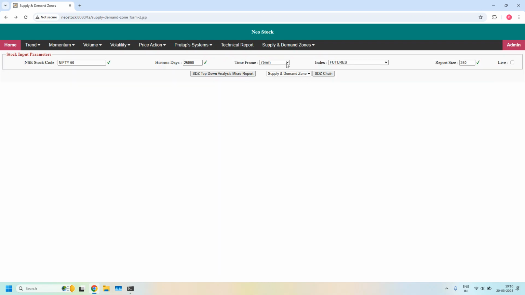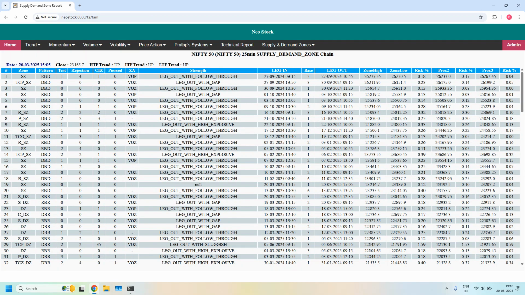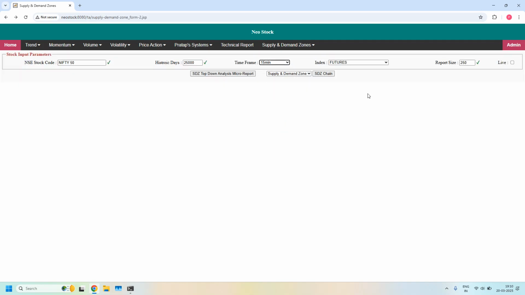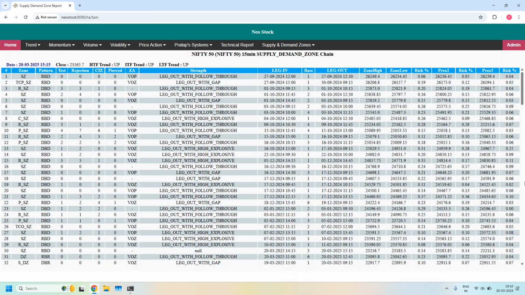Next, 25-minute supply demand zone chain for NIFTY. Next, 15 minutes supply demand zone chain for NIFTY. This is the nearest demand zone, but let me put it in the center.